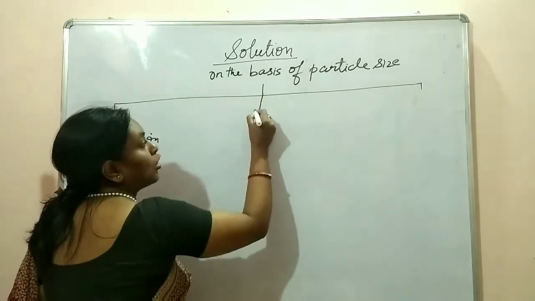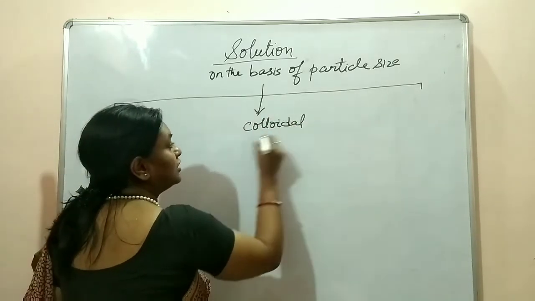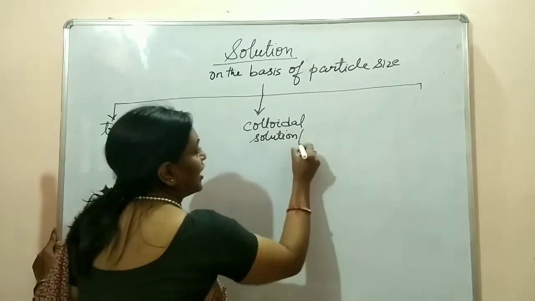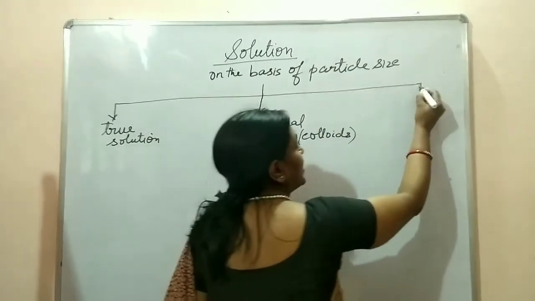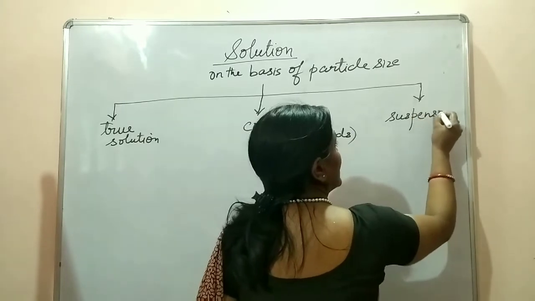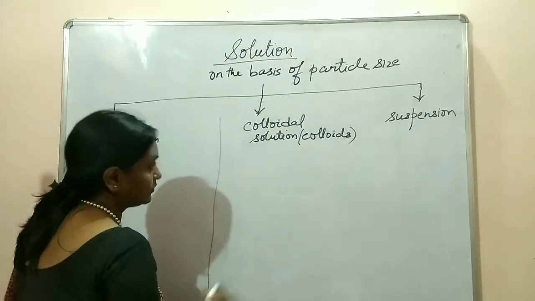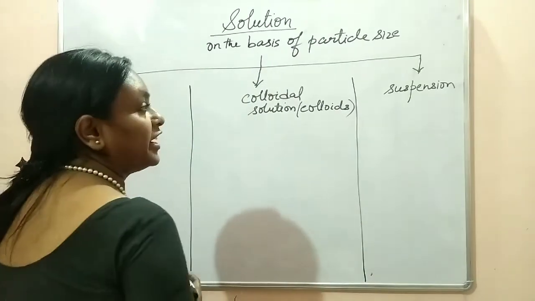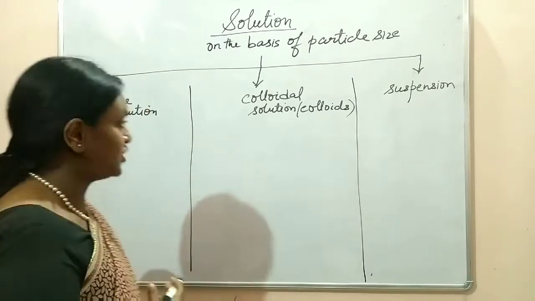Second is colloidal solution, or simply it can be called colloids. And the third one is suspension. So we will be differentiating between true solutions, colloidal solution and suspension.